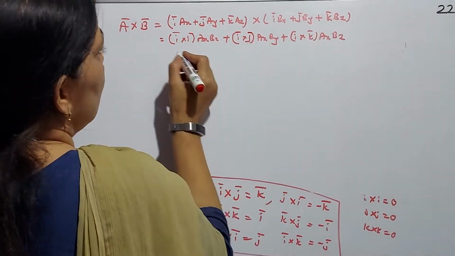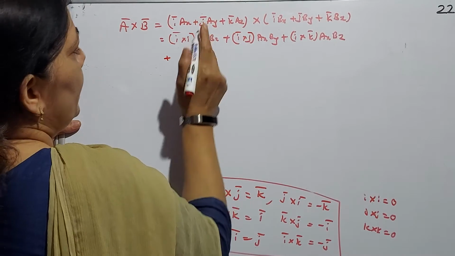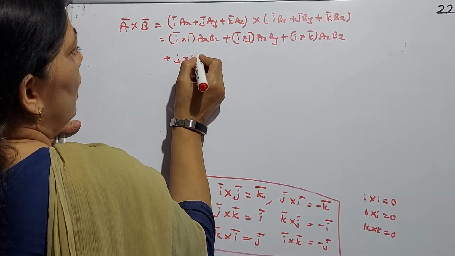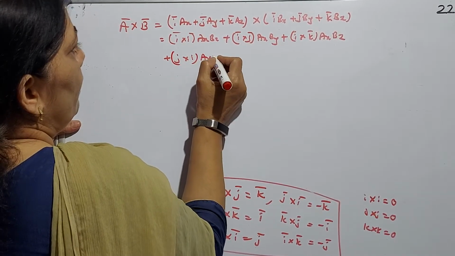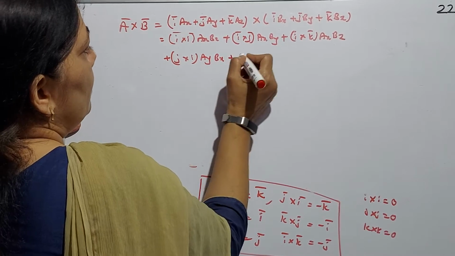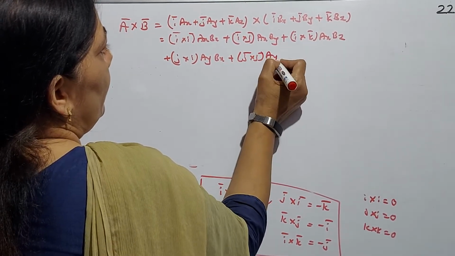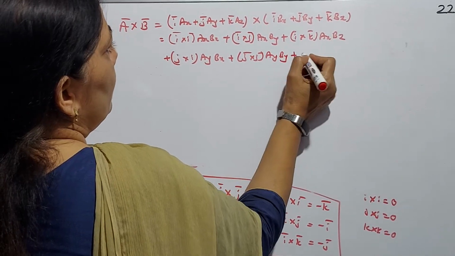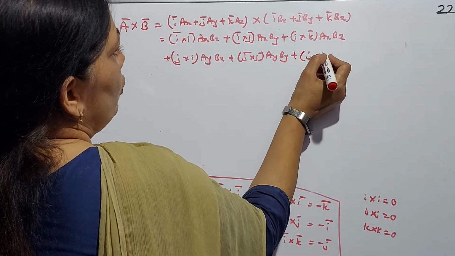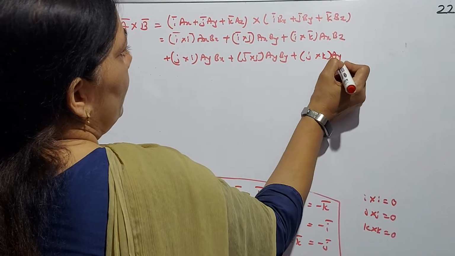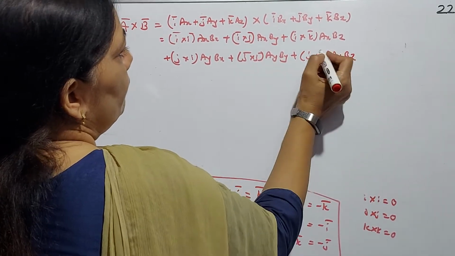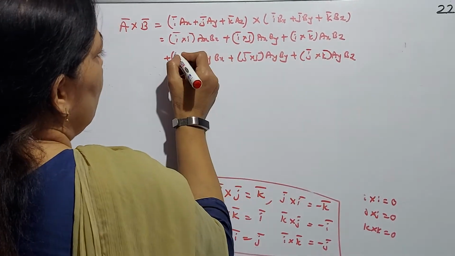These are unit vectors. Now the second term: J cross I AYBX plus J cross J AYBY plus J cross K AYBZ. Check the terms clearly.